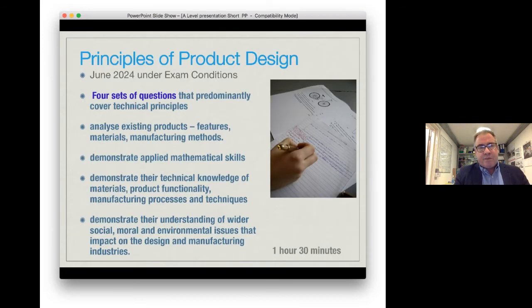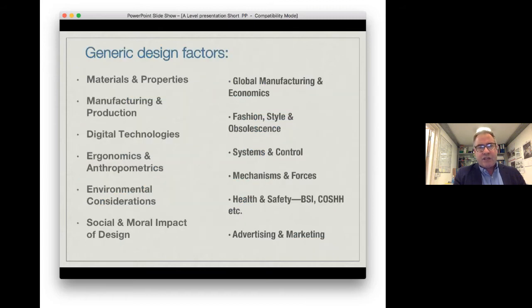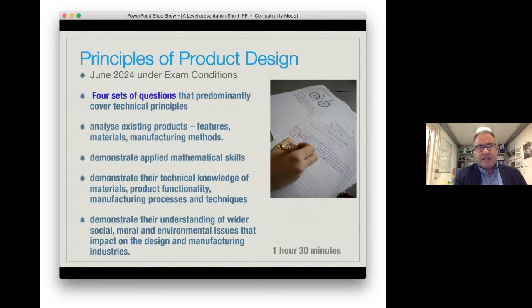Now let's have a look at the principles of product design. As I said earlier, this takes you through products, what they're made of, how they're produced through manufacturing methods, as well as some of the wider issues like social, moral, environmental. So they'll all be in your questions in that paper.